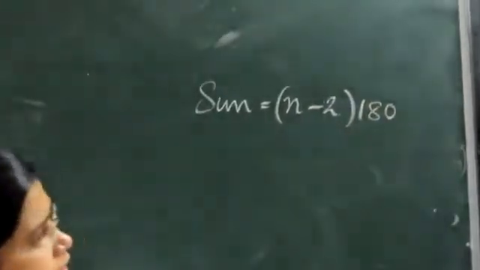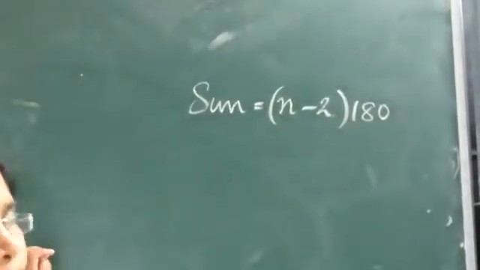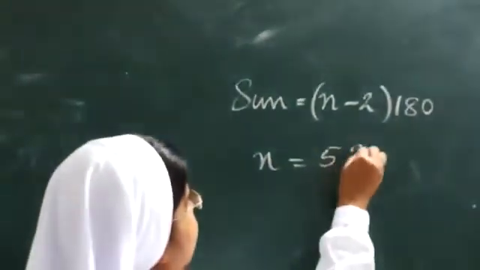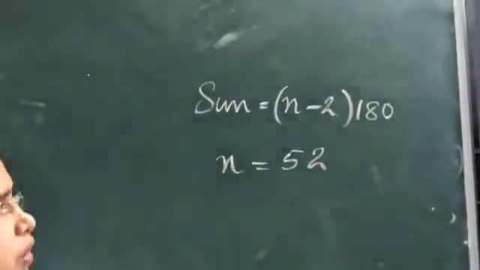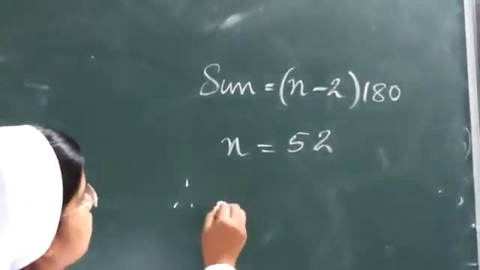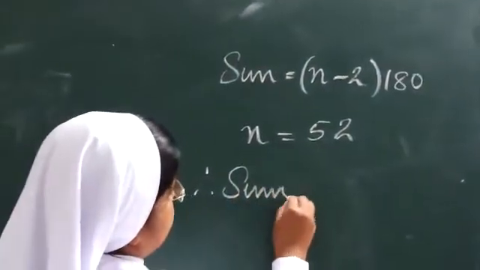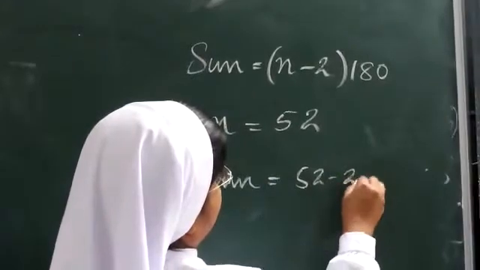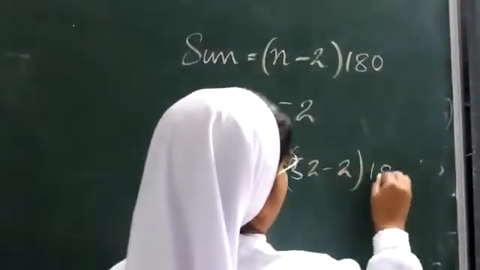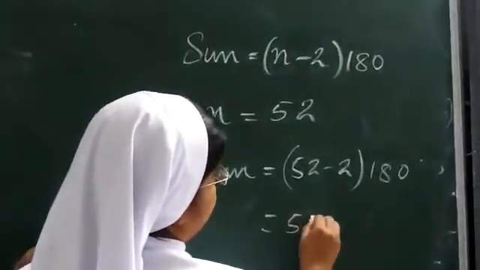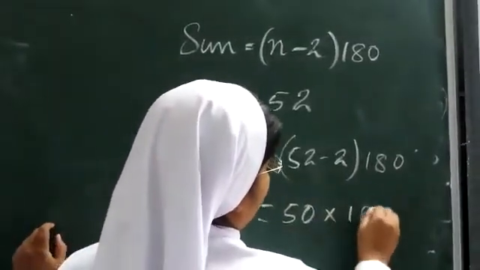What is given to us? 52 sides, that is n is equal to 52. Now just substitute the value. Sum is equal to 52 minus 2 into 180. 52 minus 2 is 50, 50 into 180.